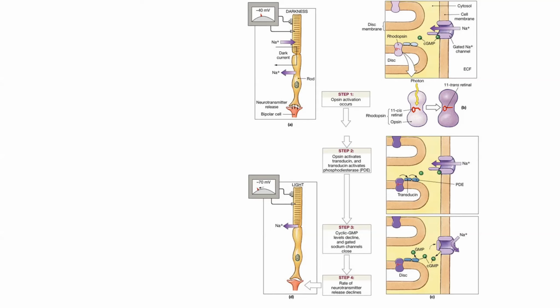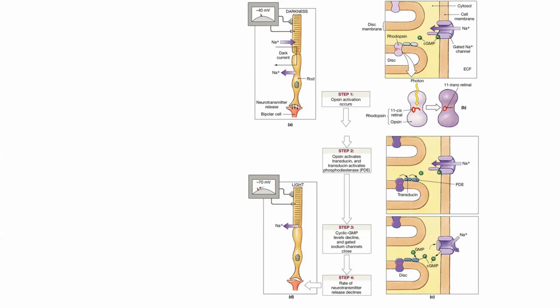When it shuts off these sodium channels, we have a change in voltage potential here, and we no longer have neurotransmitters being released, or the rate of neurotransmitter released is changed, depending on how it's stimulated. So when we change the neurotransmitter release on that bipolar cell, that change in bipolar stimulation stimulates the ganglion.